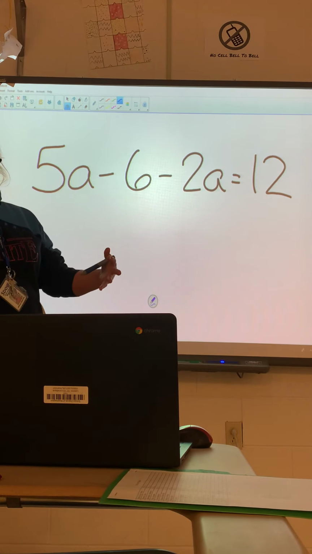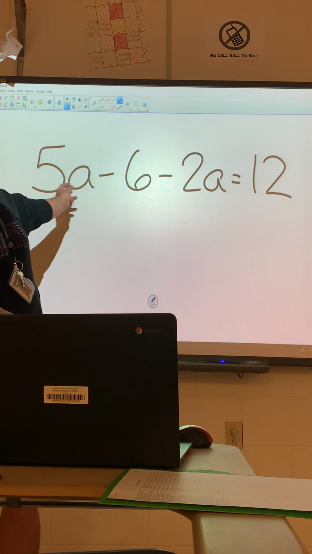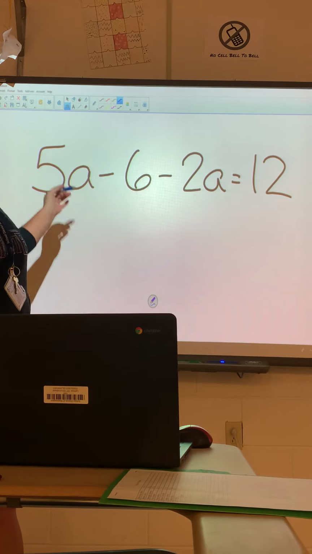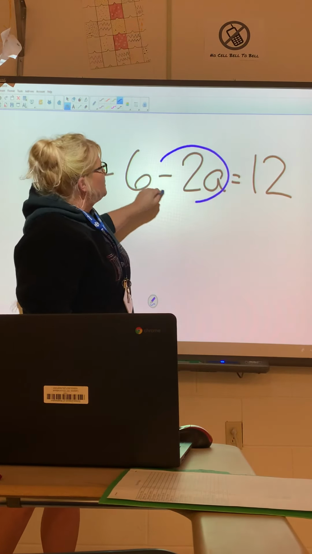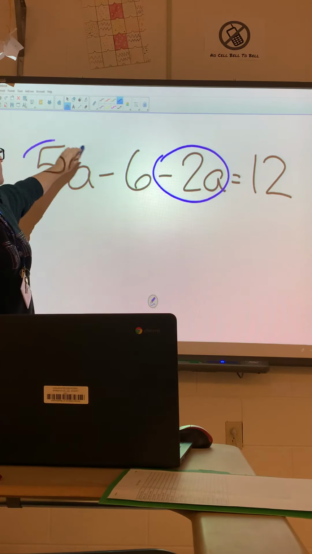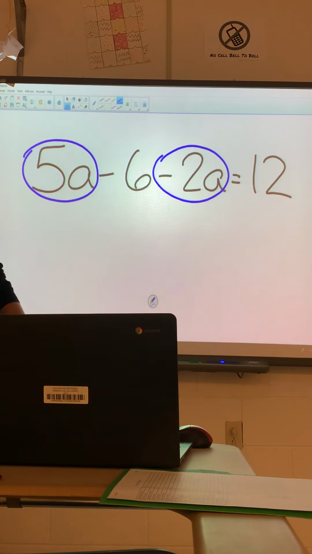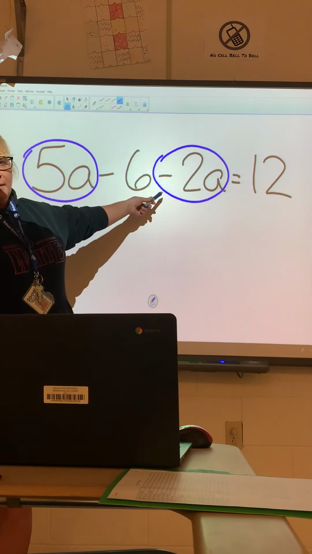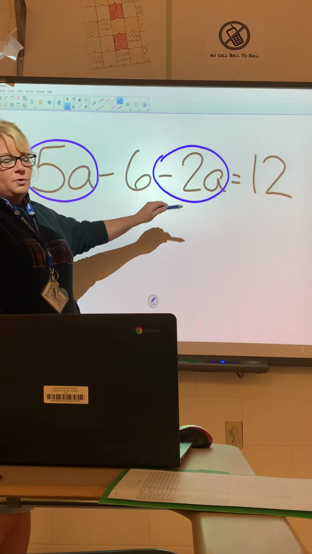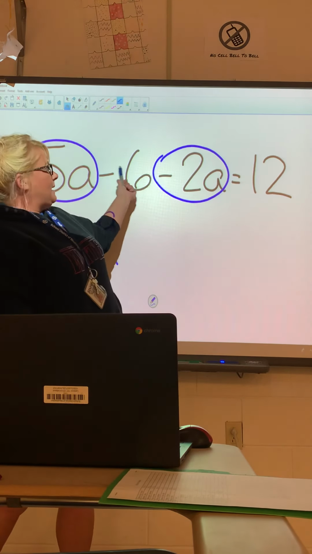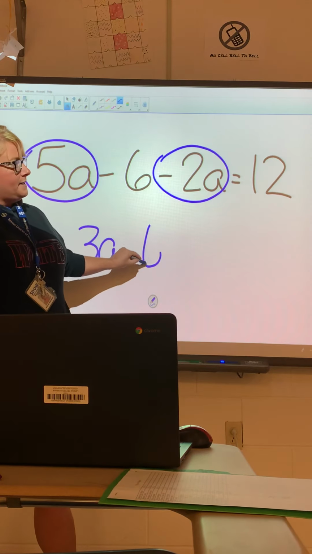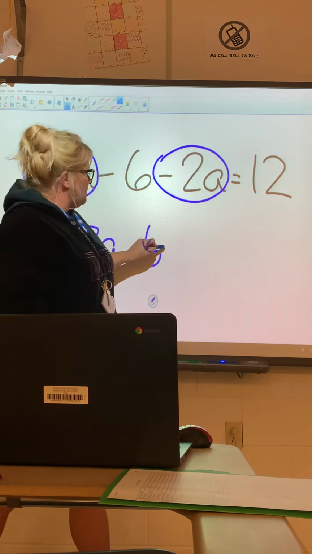So we can't start doing the inverse yet. We have 3 things over here. This is too much. We have to combine our like terms. Watch those minus signs, but we have minus 2a and we have a positive 5a. Let's combine those. 5a minus 2a gives me 3a's. You still have this minus 6 here, that didn't go anywhere yet, and equals 12.